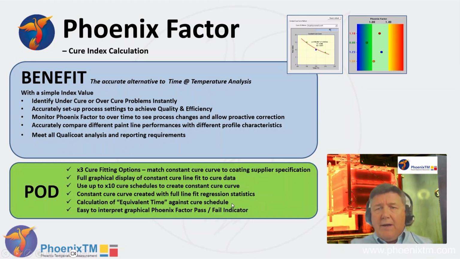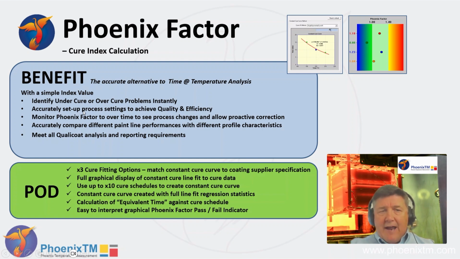So, in summary, what are the benefits of the Phoenix factor for through process temperature monitoring of your cure process? The benefit is primarily that we are able to, with a single numerical value, identify under cure or overcure problems instantaneously in the software.